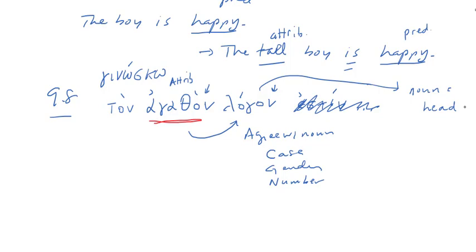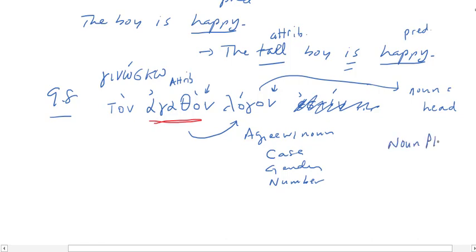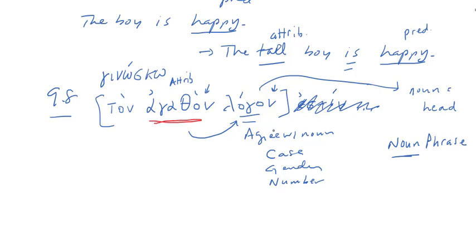Well, in grammar, phrases have heads. So a noun phrase is a phrase where the noun is the head. And the noun will dictate a lot of other things about the phrase. In this case, the whole expression, ton agathon logon, is a noun phrase where the most important grammatical word is the noun, and that noun's case, gender, number determines the case, gender, number of the other modifying elements related to the noun.